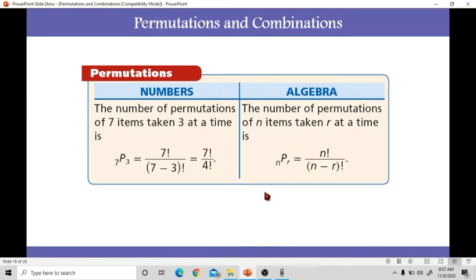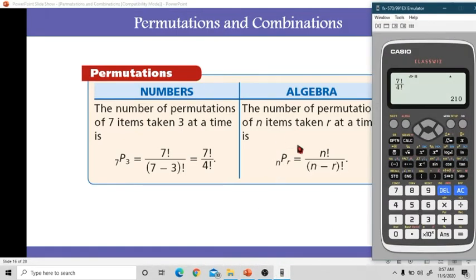Okay, in fact, we can use calculator to find permutation. Okay, kanina the answer is 210. It is 7 taken 3 at a time. So dito, let's try to use calculator to find permutation. I-click 7. Then hahanapin natin yung nPr dito sa calculator.